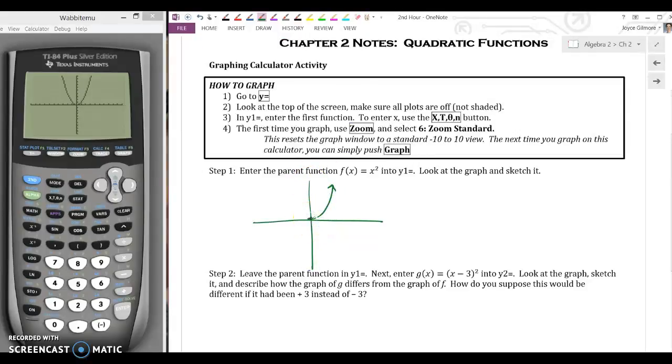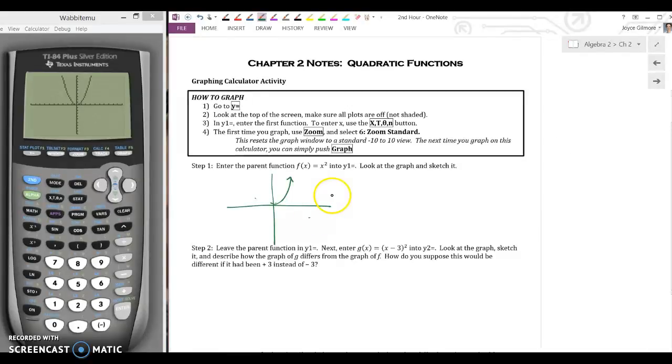The place where that U shape changes direction is called the vertex. That's probably too wide, isn't it? I'm really struggling with actually getting this drawn. So as I get this sketched, I would like you to try step 2.